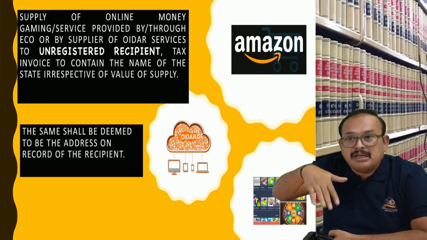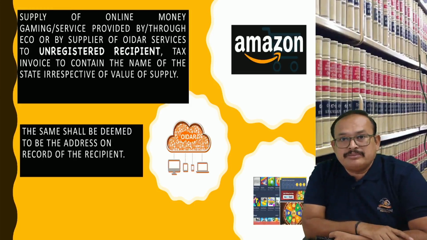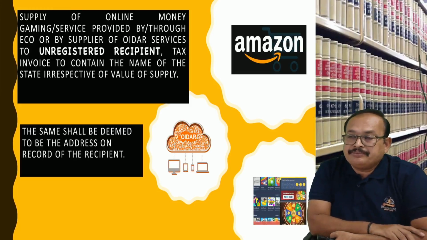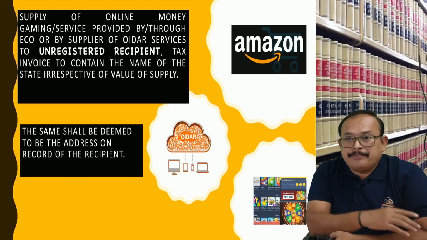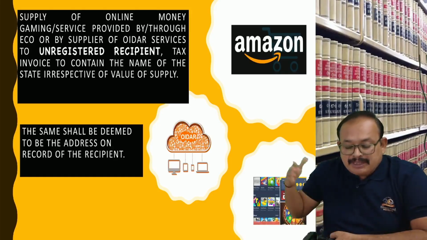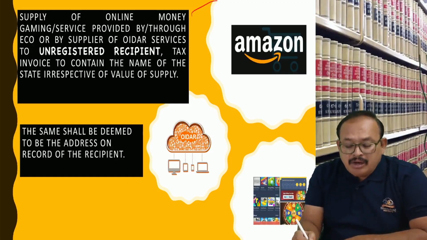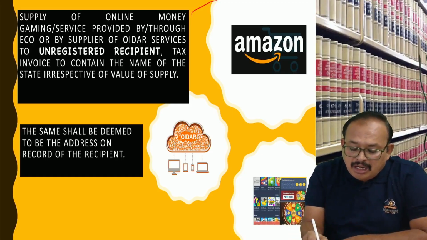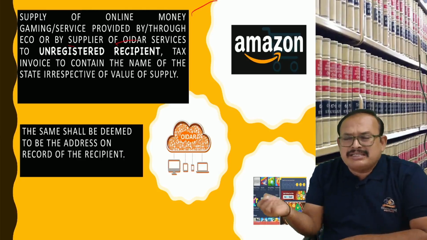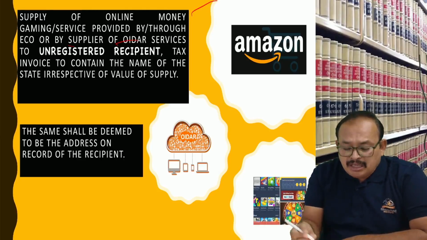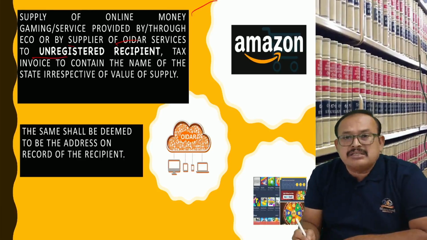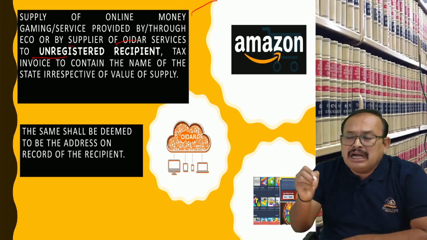This is an amendment for our September 25 CA Final exam, well applicable in the exam. This is what I am repeating here. Supply of online money gaming or OIDR or OTT services through the internet supplied to unregistered persons, irrespective of the value, the name and address of the buyer should be there.